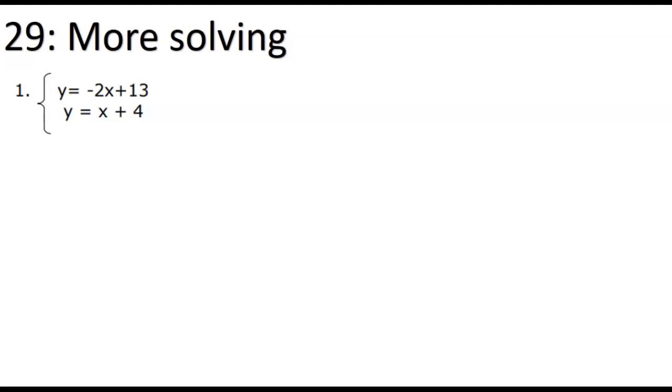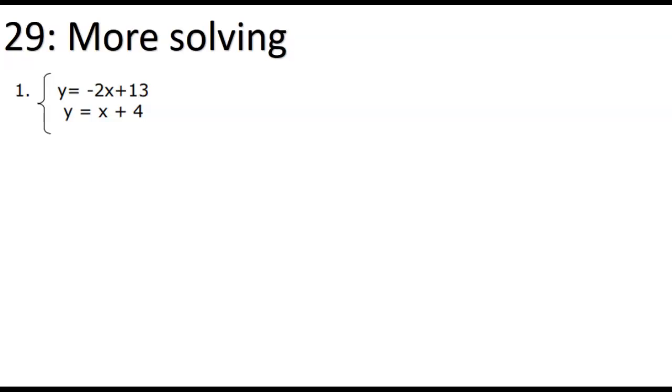I'm solving for x. I need x by itself. What am I going to do with the 4? And then I'm going to have 3x equals 9 because these are going to cancel out. Divide both sides by 3.